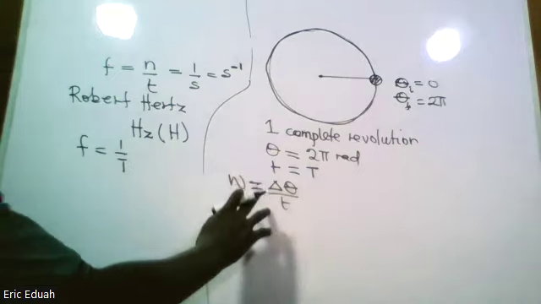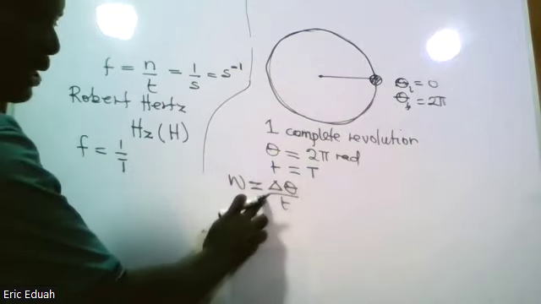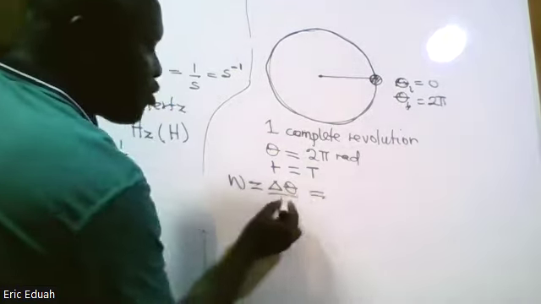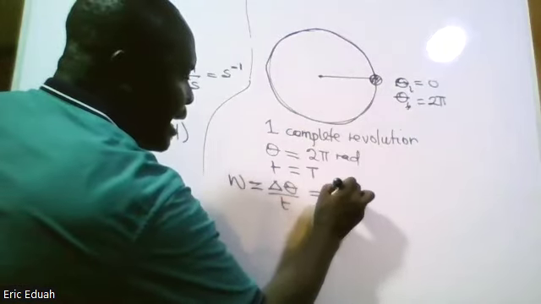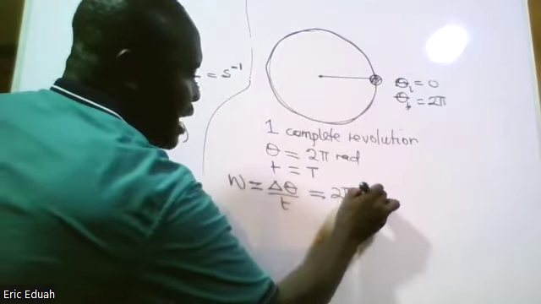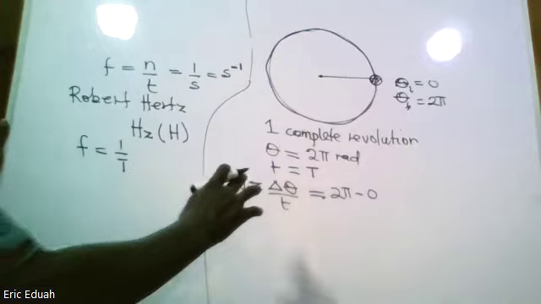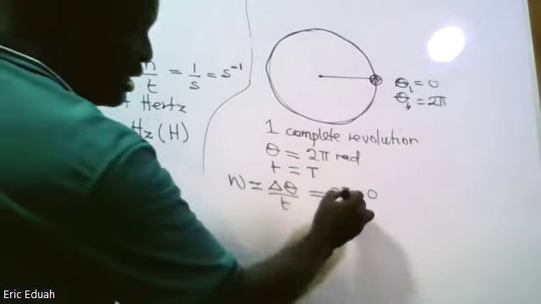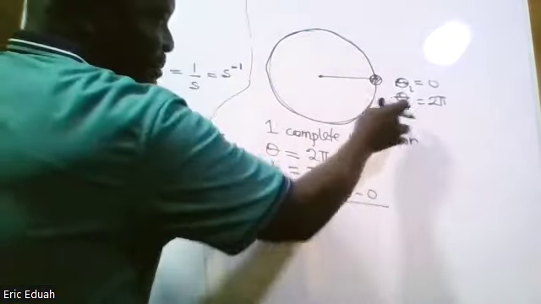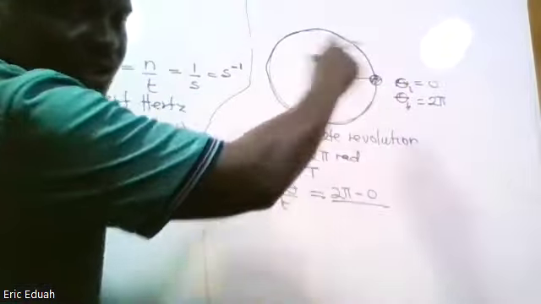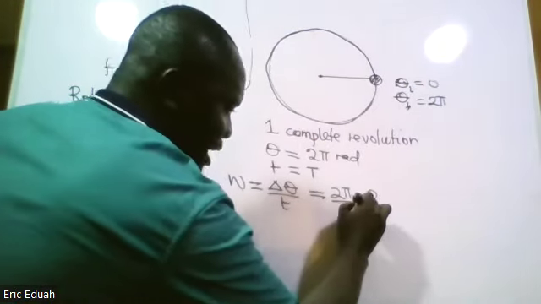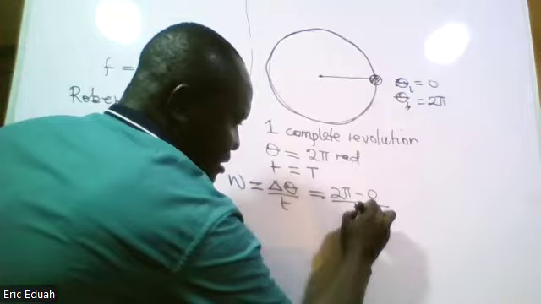So if we are to calculate this, it is equal to 2 pi minus 0, final minus initial, divided by the time taken to make one complete revolution. This time we call the period.